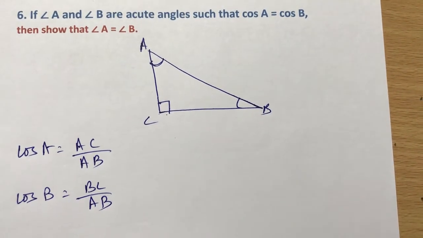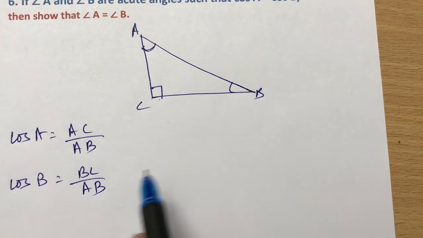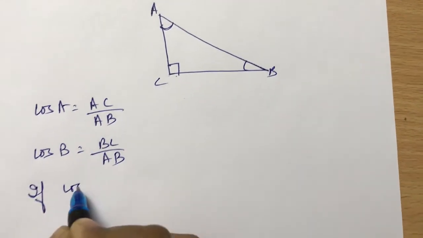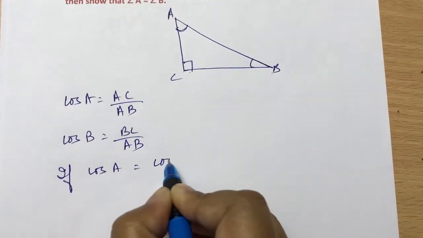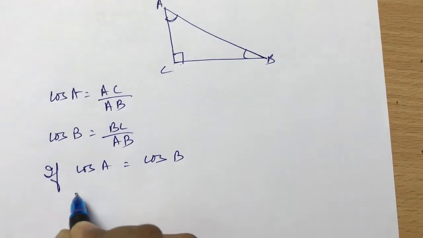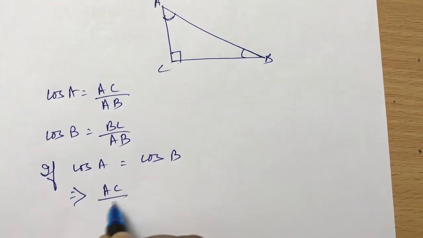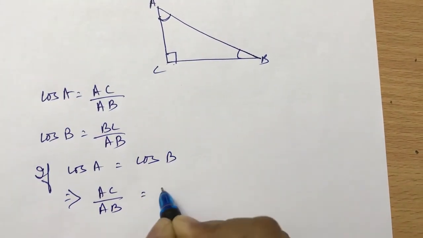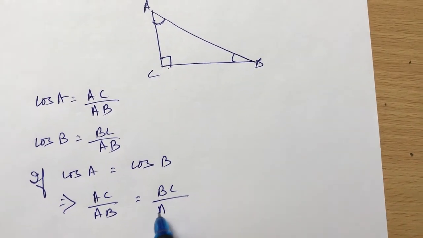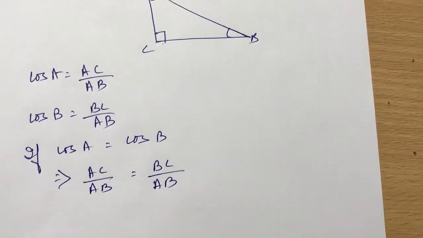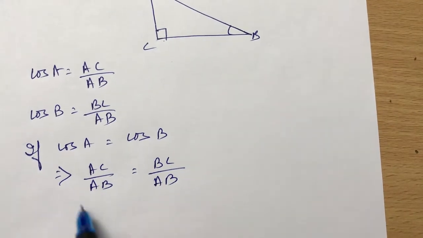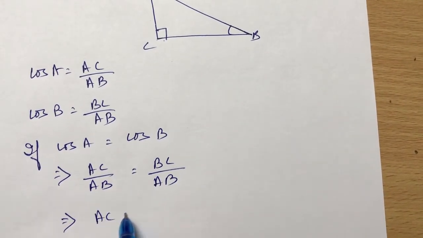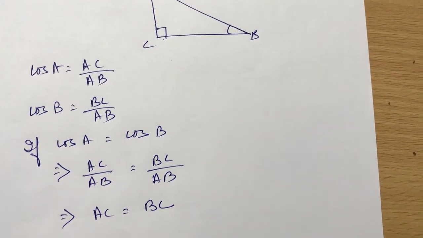Now it is given that cos A is equal to cos B, which implies AC by AB is equal to BC by AB. So the bases are same. I can write this as AC is equal to BC.